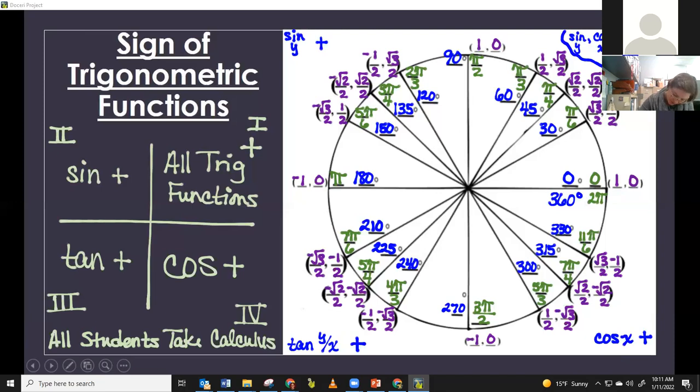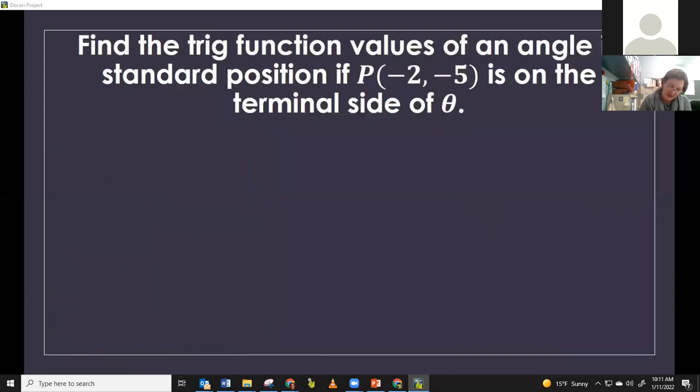We have all of our trig functions in the first quadrant: sine, tangent, cosine. Moving counterclockwise around your unit circle through those four quadrants.